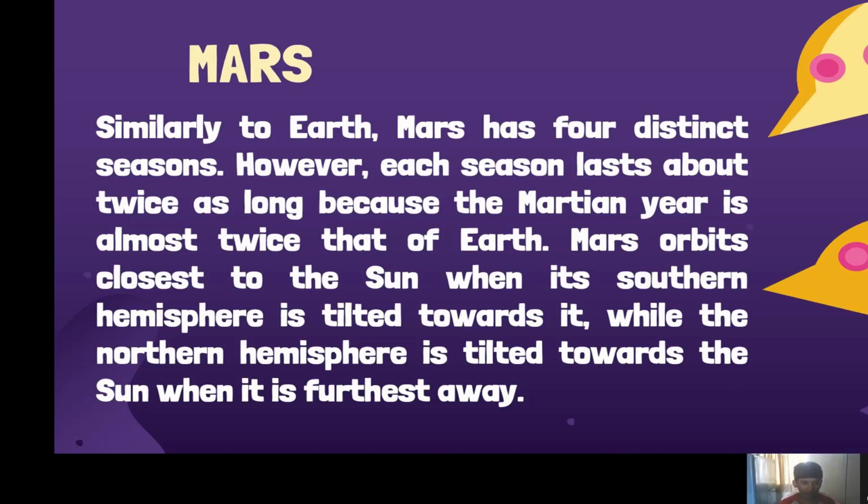Mars orbits closest to the Sun when its southern hemisphere is tilted towards it, while the northern hemisphere is tilted towards the Sun when it is farther away.